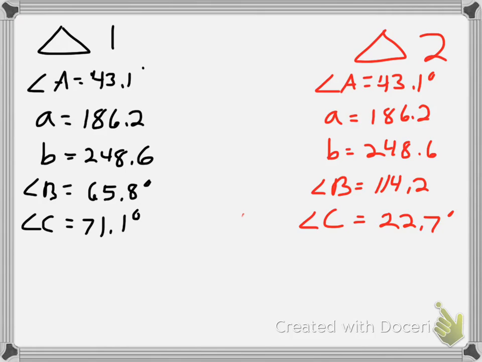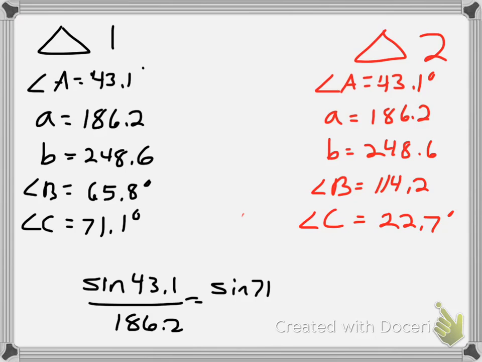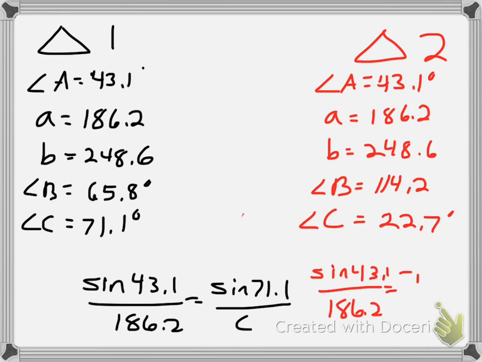For triangle 1, I can say sine of 43.1 over 186.2 equals sine of 71.1 over side C. And for my second triangle, I can use the exact same setup, except this time it's sine of 22.7 over side C.